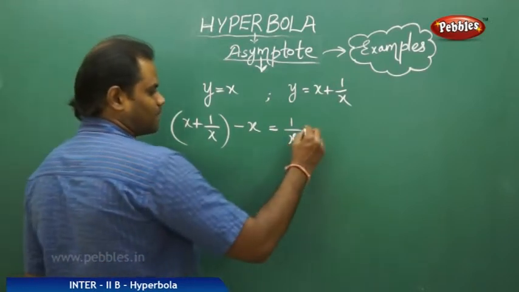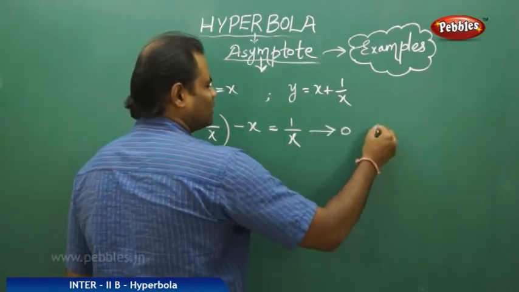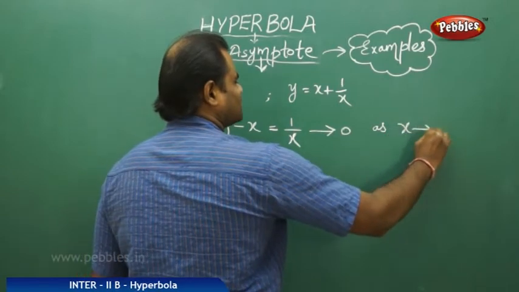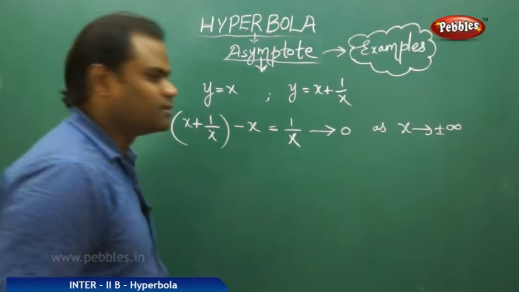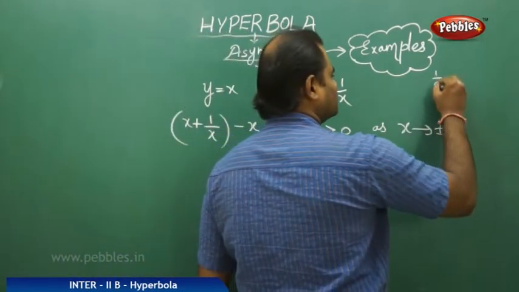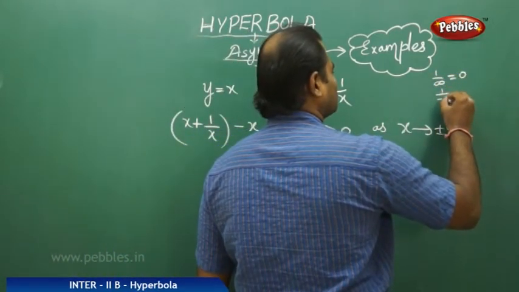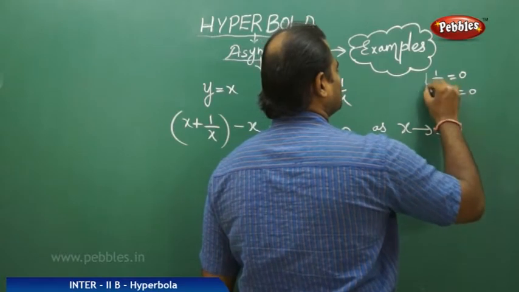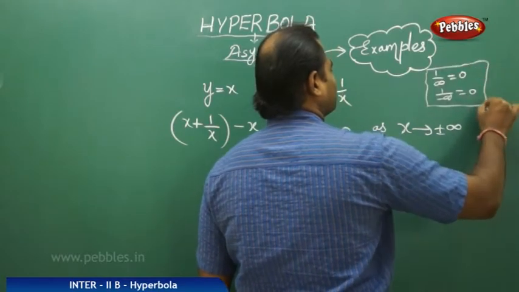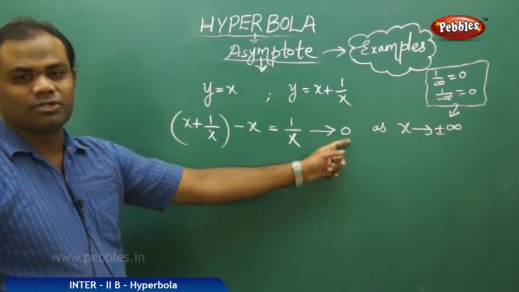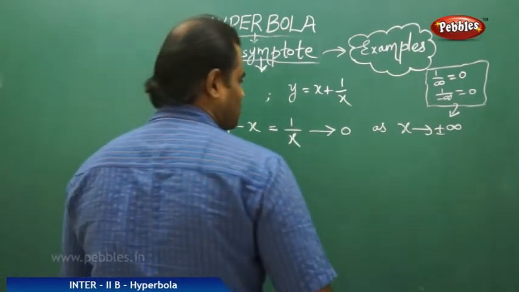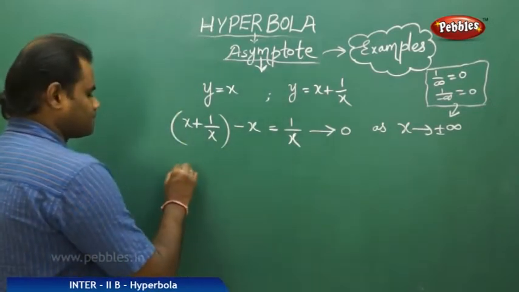That is, this clearly tends to 0 as x tends to plus or minus infinity, because when x tends to infinity, then 1 by infinity is 0 and 1 by minus infinity is also 0, which I have applied here. Therefore, 1 by x tends to 0 as x tends to plus or minus infinity.